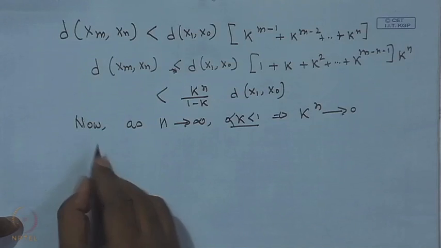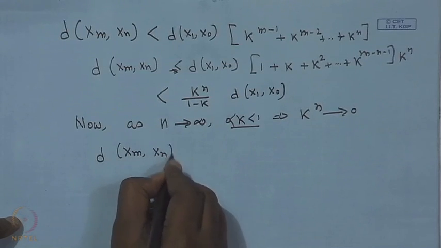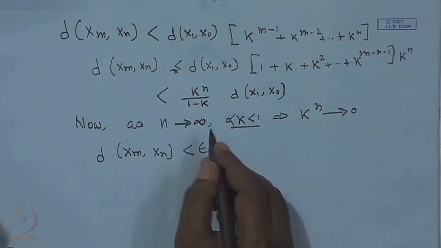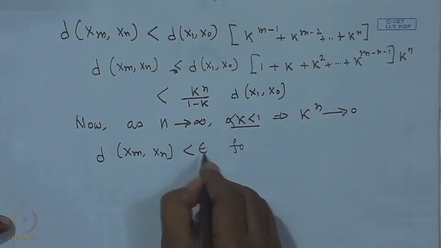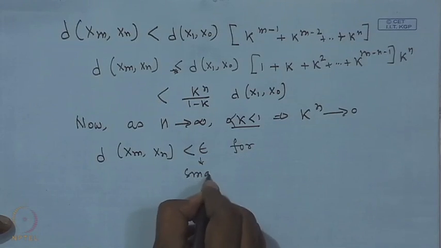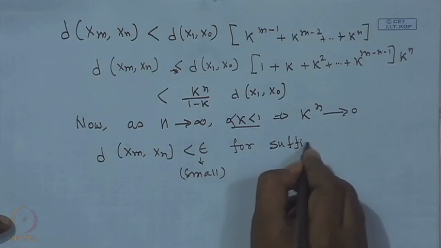So, therefore, metric between x m and x n is much less than epsilon, where epsilon is a quite small quantity, for sufficiently large n.